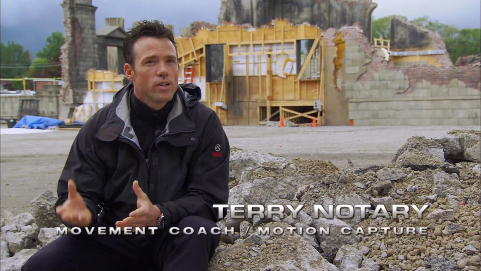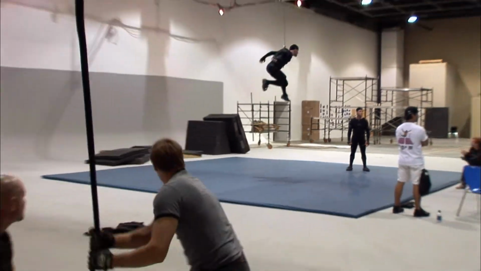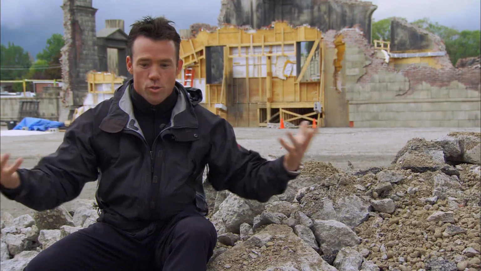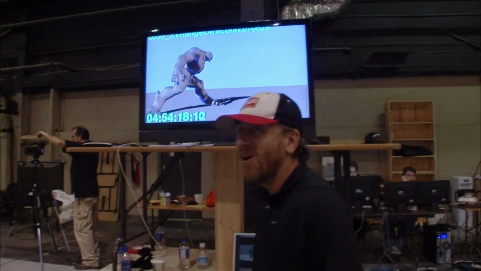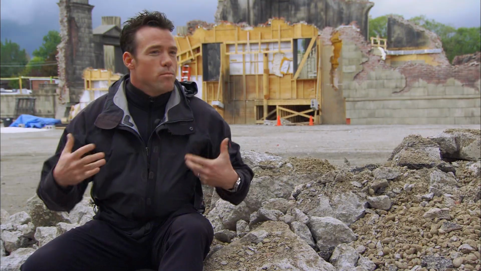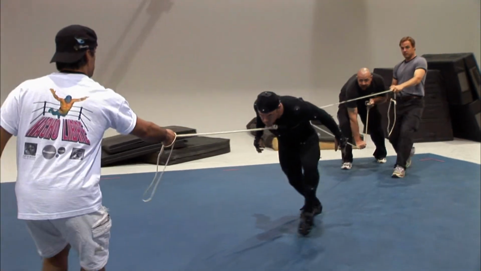What I wanted to do was really create two characters that had their own signature, that each stood out as individuals. That weren't just two big hulky guys fighting. The way they move, the way they act, the way they fight is character-driven.